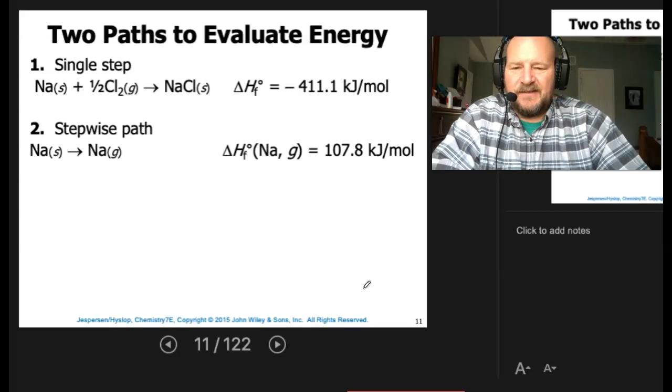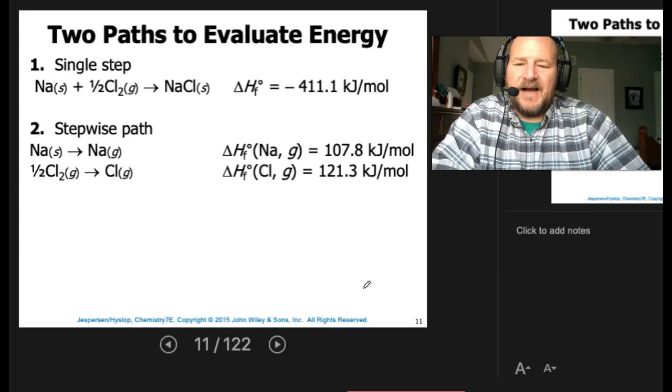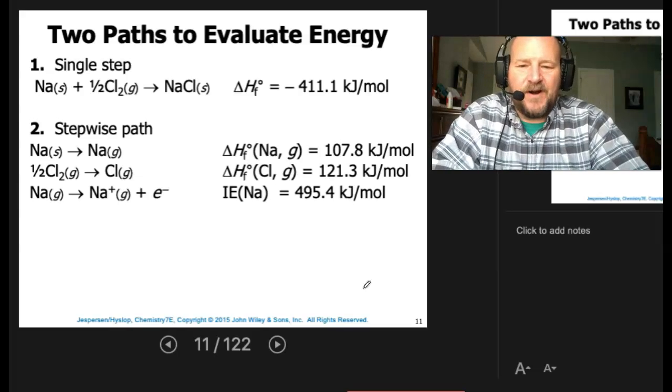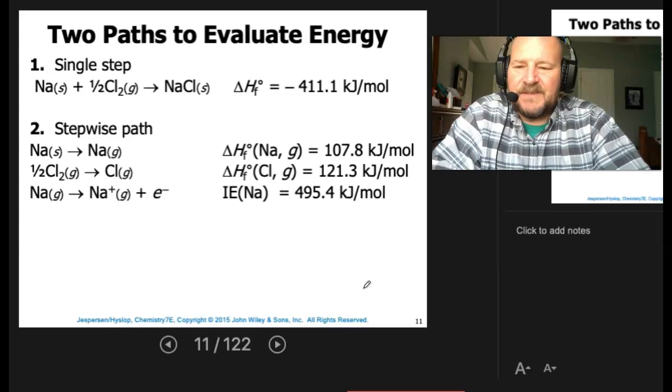For sodium solid to go to sodium gas, it's going to cost us 107.8 kilojoules per mole. For half a chlorine to become a chlorine, it's going to cost us 121.3 kilojoules per mole. That means, so far, we're running a positive balance.